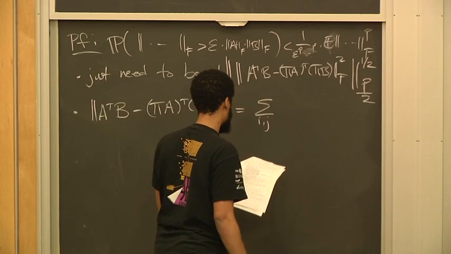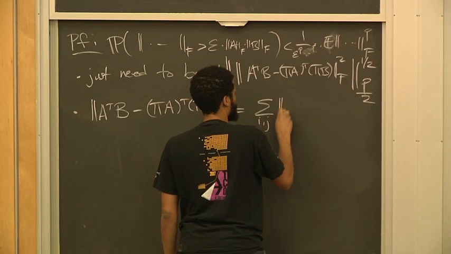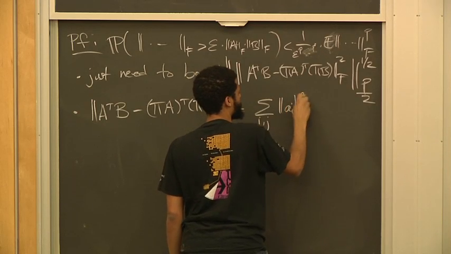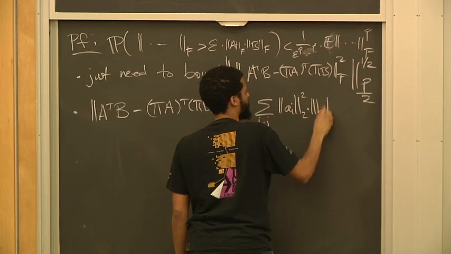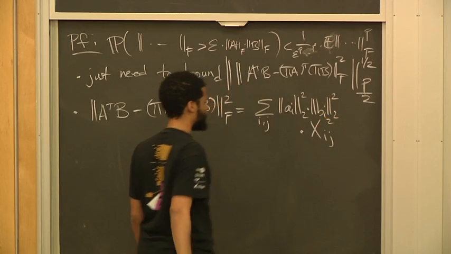So the sum over all ij of the L2 norm of ai squared times the L2 norm of bj squared times xij squared. What is xij?